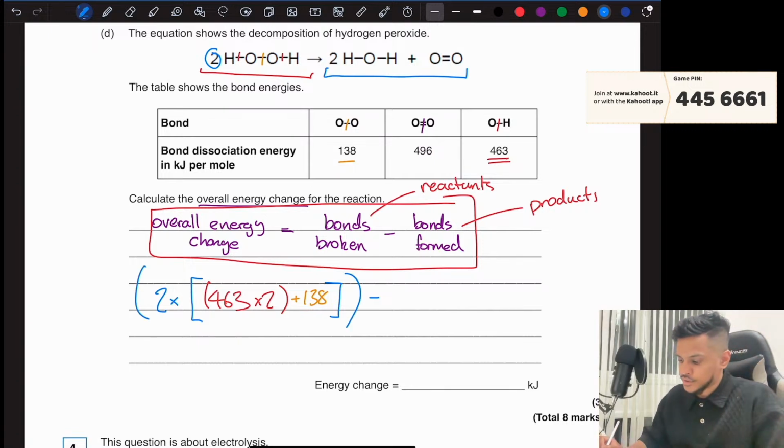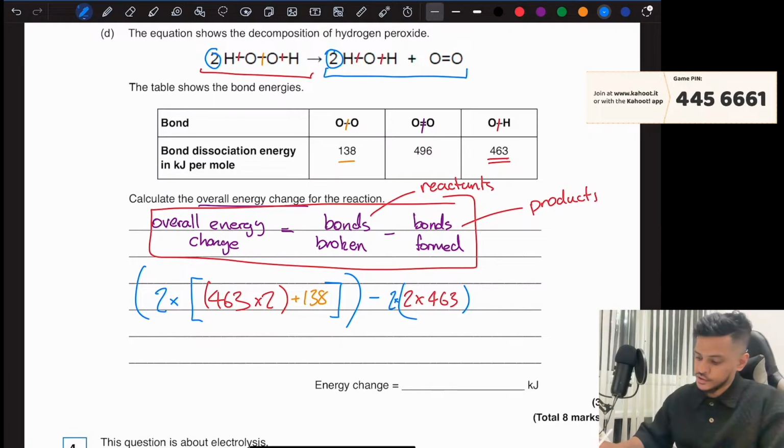Now let's do the products. What do we have in the products? We have 2 OHs, 1, 2, 2 OHs. So we're going to do 2 times 463. But don't forget there's a 2 in front of that. We need to multiply that by 2 again. So 2 times all of that. Now look at the other product here.